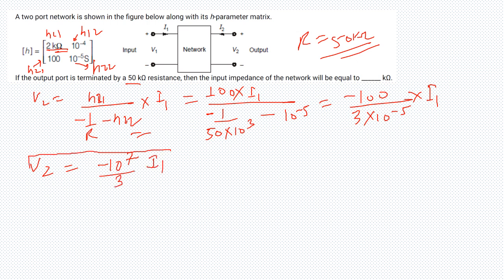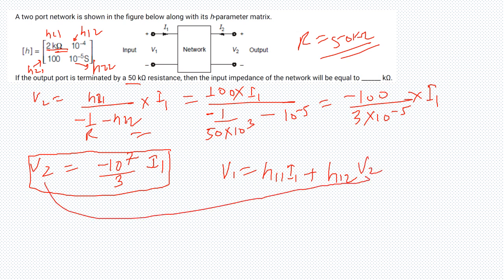Now V2 has been calculated. Let us put this in our first equation. What is the first equation? V1 is equal to H11 I1 plus H12 V2. If I substitute V2, I am only left with V1 and I1 as variables, so it will be easy to calculate the V1 by I1 ratio.